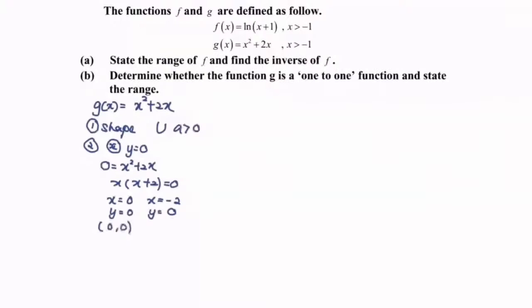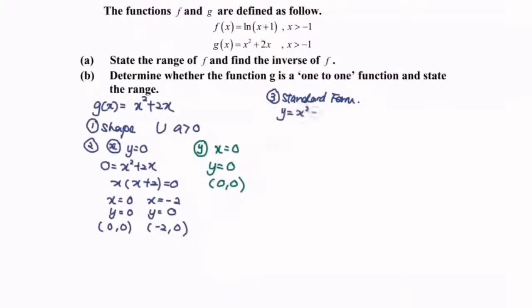Next part, we are going to find the y-intercept. So when x is equal to 0, y will be equal to 0. So we will have another point at the origin. The third step is to find the standard form so that we can find the minimum point. So y is equal to x squared plus 2x.